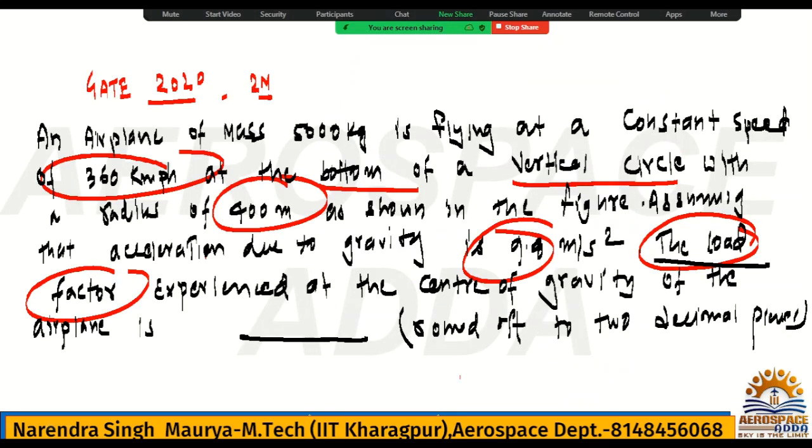What marks do you get for this? It was a 1 mark question, not 2 marks. So within seconds you can get 1 mark. Such types of problems will be asked to you. Be ready for the questions they are asking in the exam nowadays.